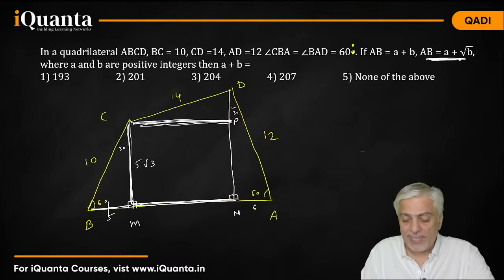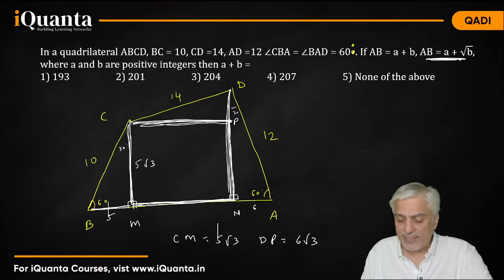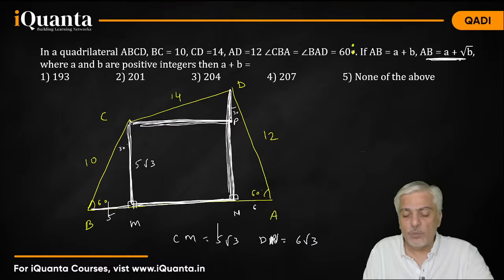And DN, DN is 6 root 3. CM is 5 root 3. So DP will be 1 root 3.